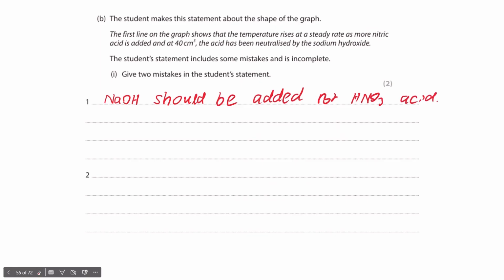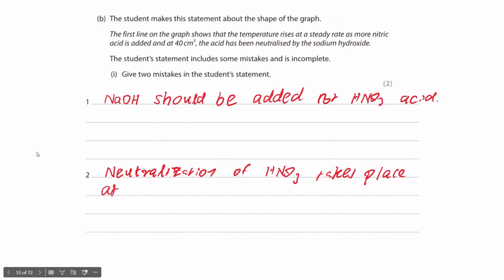Second thing, neutralization of nitric acid takes place at, what was the volume where we found the endpoint?